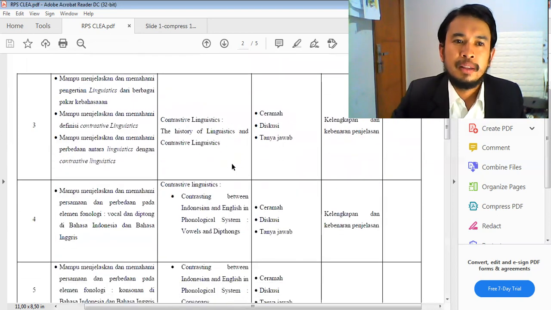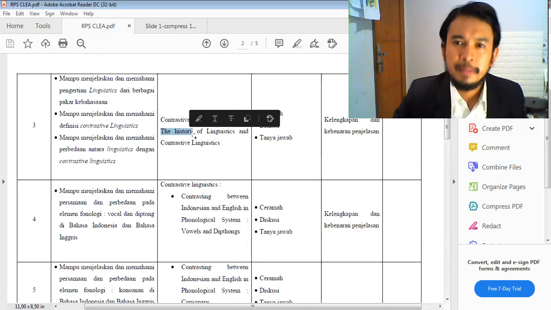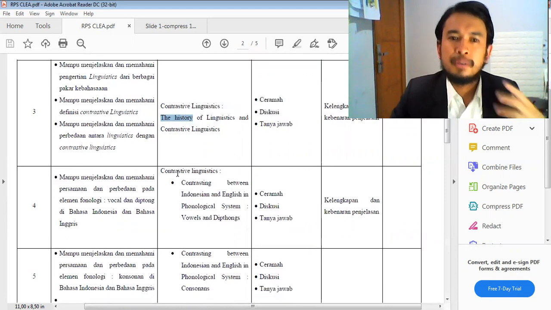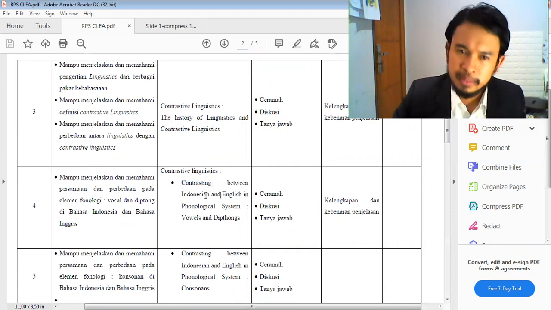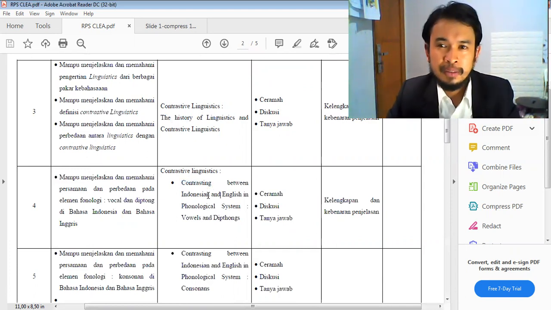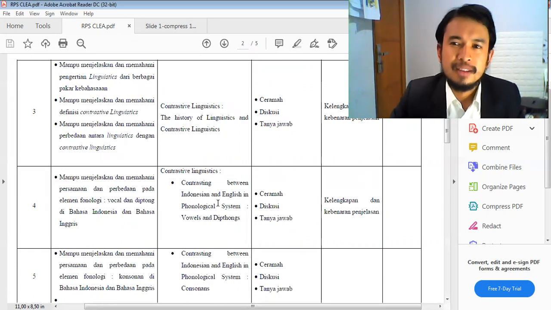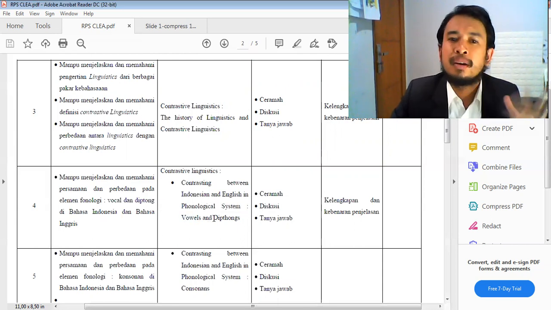Yeah, and to make it short, there is a history as well, but I just want to make sure that if we talk about contrastive linguistics, we can focus on contrasting the Indonesian language and the English language in the phonological system, such as the phonetic system, vowels, and also diphthongs.